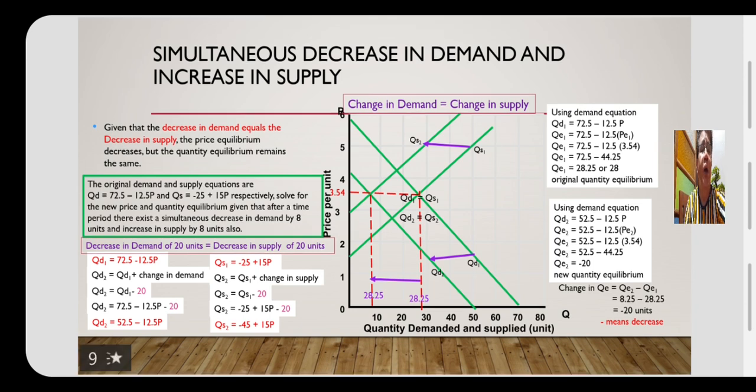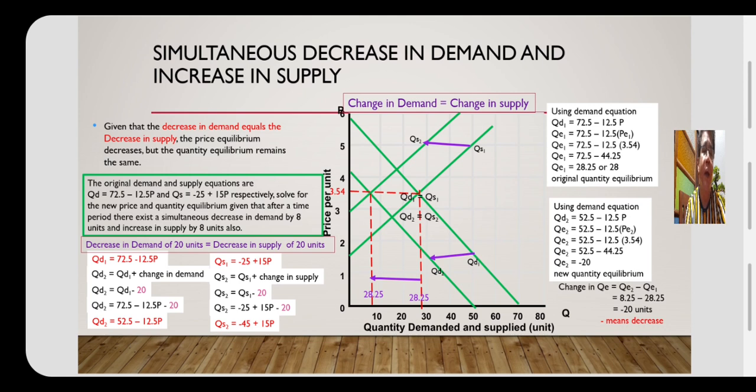So there is no more slide remaining, and that is how we can explain the illustrations given in this PowerPoint. If some corrections need to be made, please take note of them. As I have said, the computed value of the new quantity equilibrium is not negative 20.